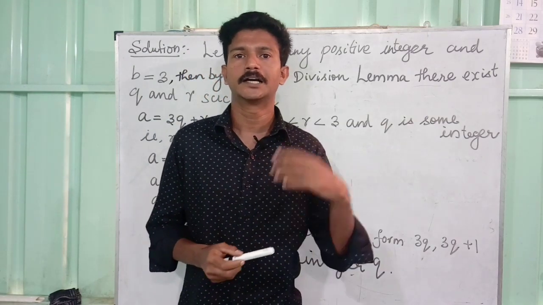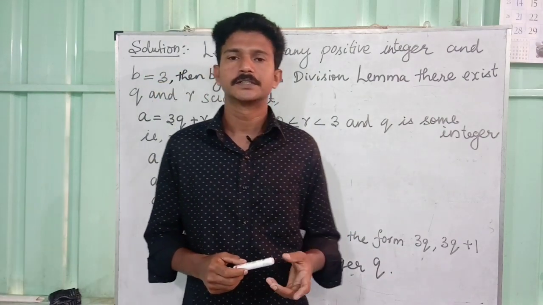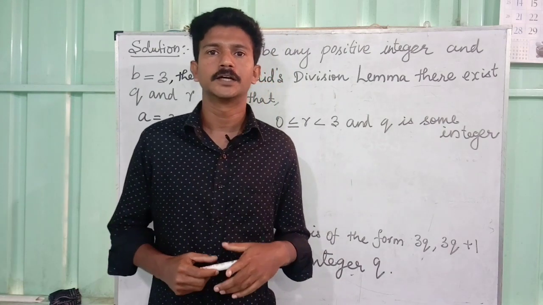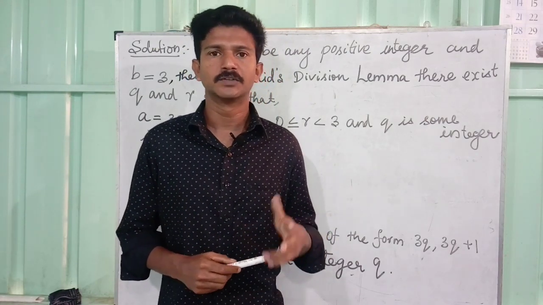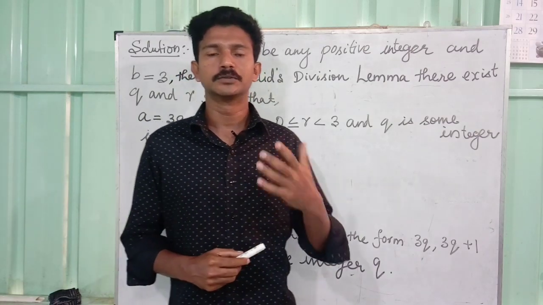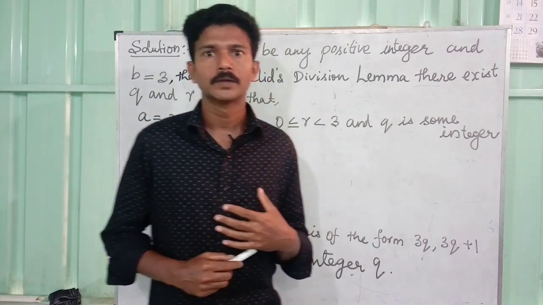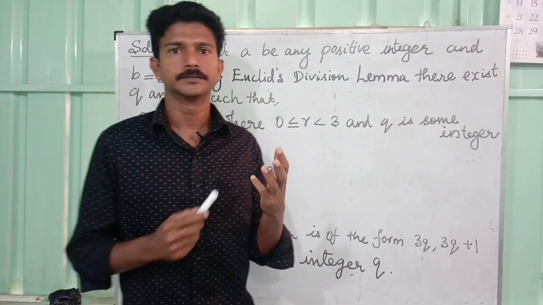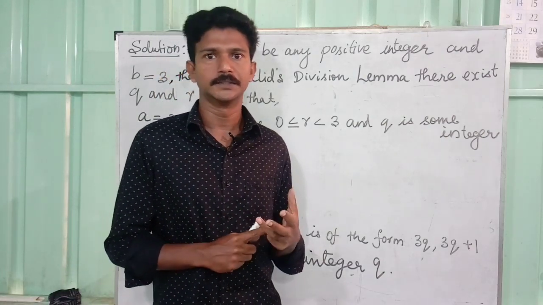As we did for the first example question, where we proved that every odd number is of the form 2q plus 1 and the even number is of the form 2q, the same method we are going to use here also. We are going to use Euclid's division lemma. For that we have to take two numbers a and b.